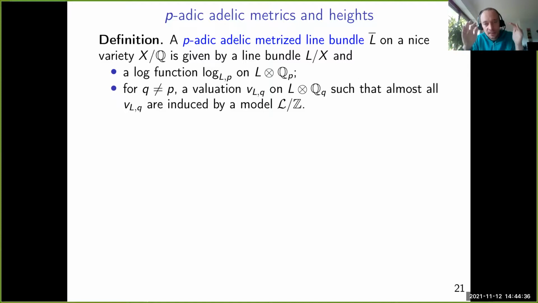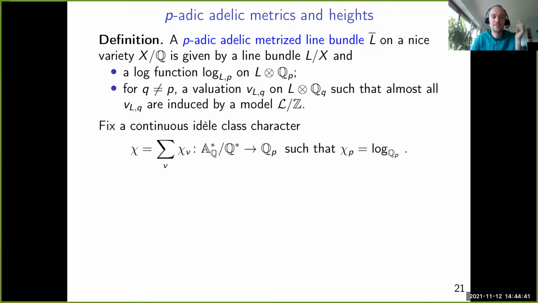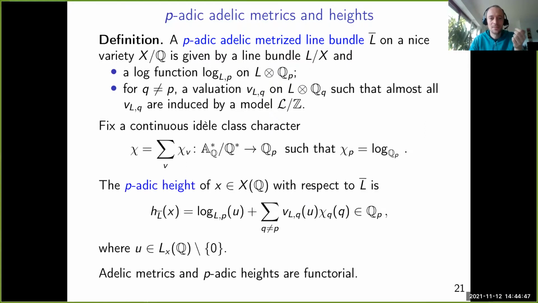But once I have this adelic metrized line bundle, I can finally define a p-adic height, and this is the same as what we had earlier. So now I can make good on my promise. We define p-adic heights once we fix an idele class character, but now we also want that the component at p is equal to log L_p, and that's to make things independent of u.